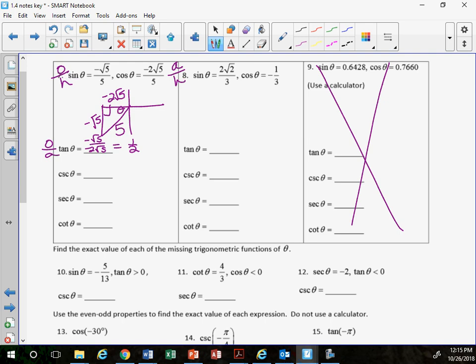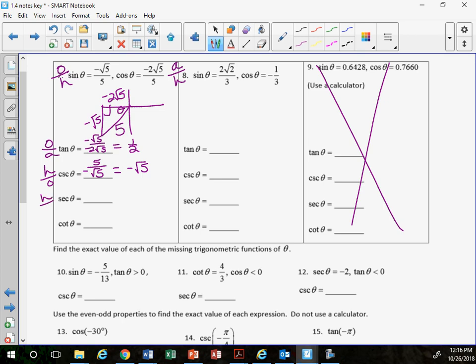Cosecant, that's related to sine, so it's just hypotenuse over opposite. So 5 over negative root 5. When you rationalize that, what do you get? Negative root 5. Good. Secant is like cosine.